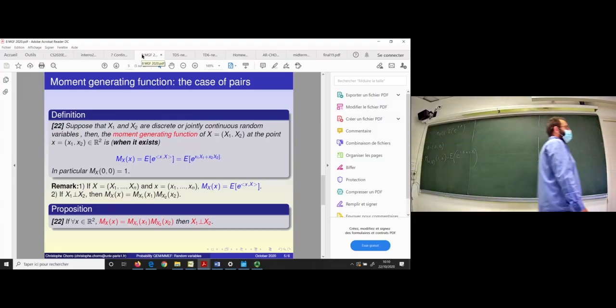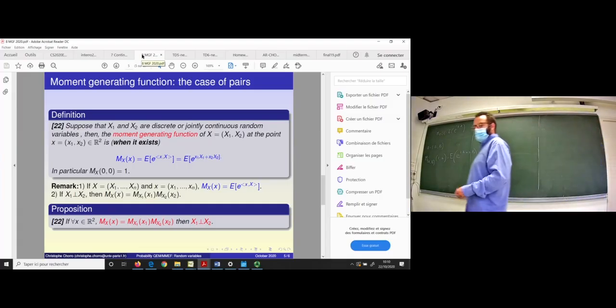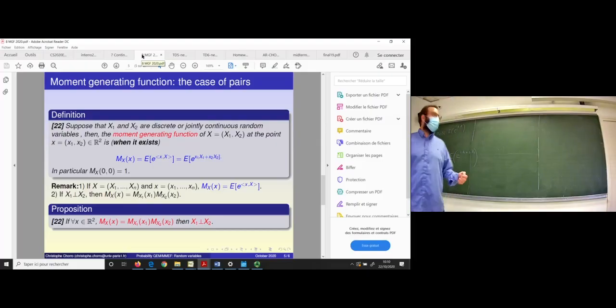So this is the way to define the moment generating function of a pair of random variables. Of course, this expression is exactly what I wrote on the board. I just changed the name of the variables: x1, x2 here, s and t on the board.